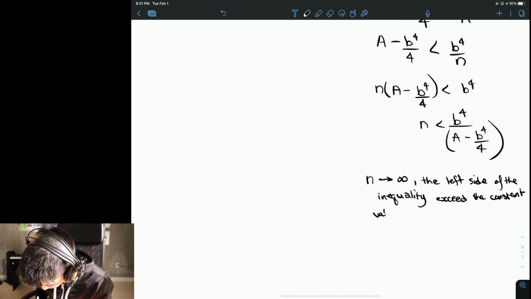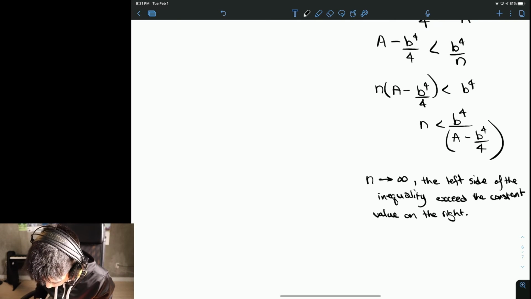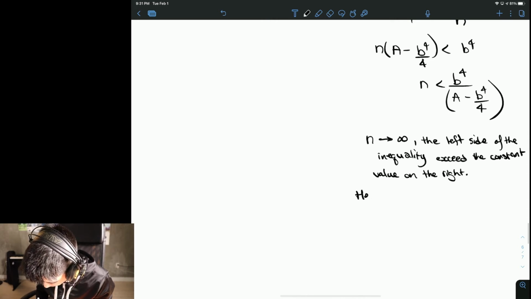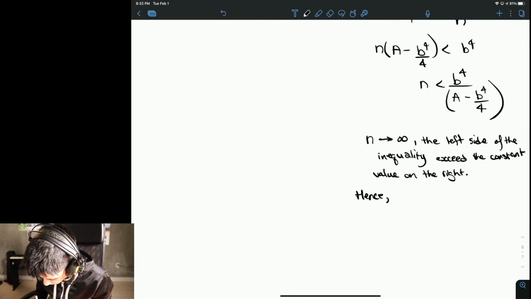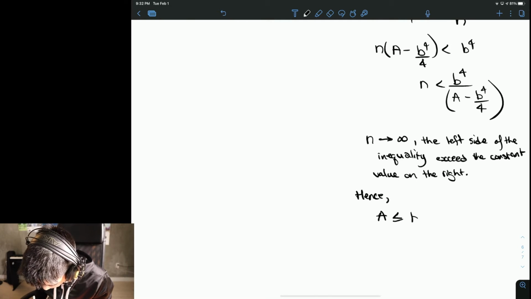Constant value on the right. Hence, A must be less than or equal to b4 over 4.